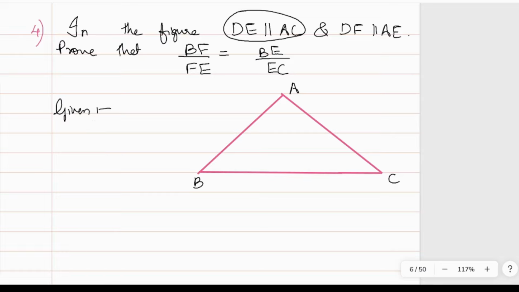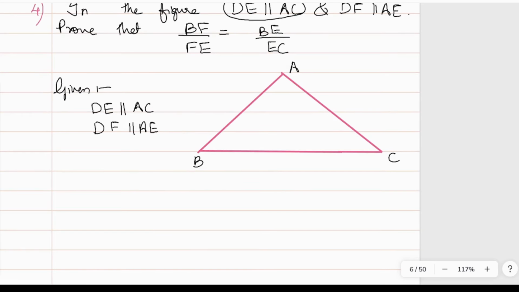Given DE parallel to AC and DF parallel to AE. To prove, what we have to prove? BF divided by FE equal to BE divided by EC.